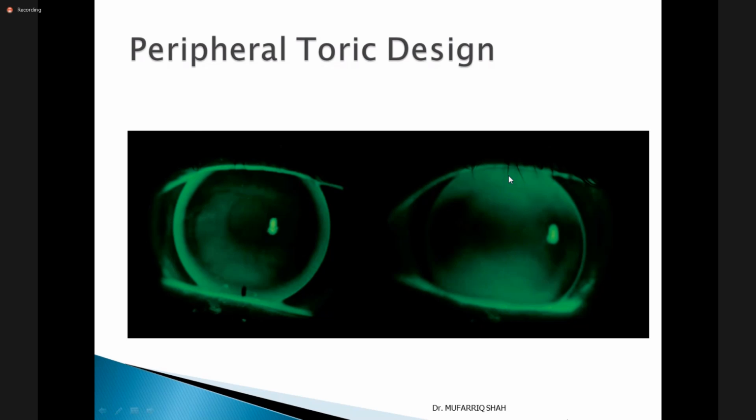So in this case, peripheral toric design is applied. You need to steepen the edge lift at the 12 o'clock and at the 6 o'clock. After this, the rest is the same, but just the peripheral bend is a bit greater. So here you can apply just to steepen a little bit.